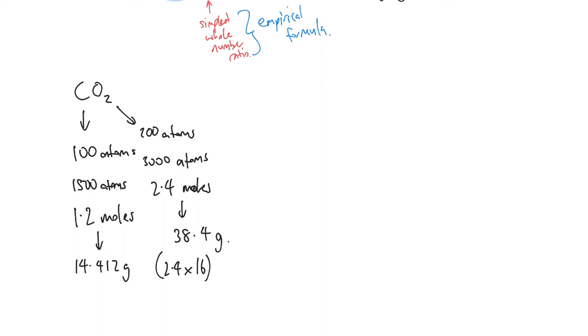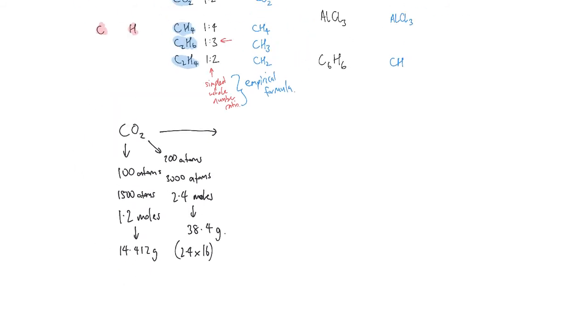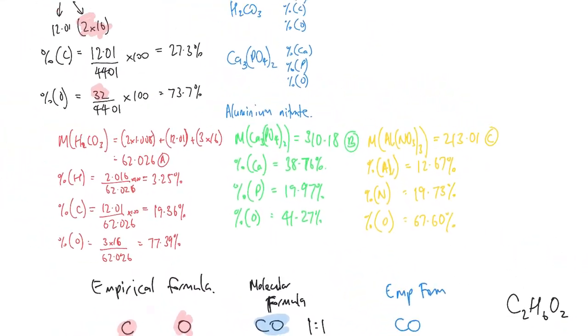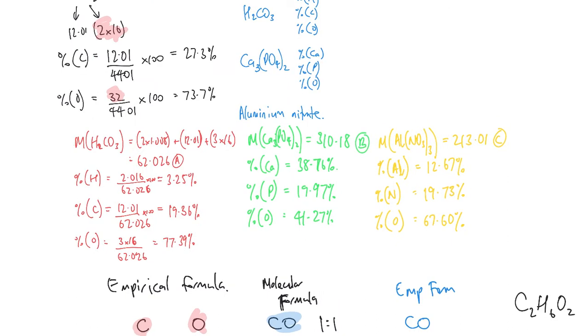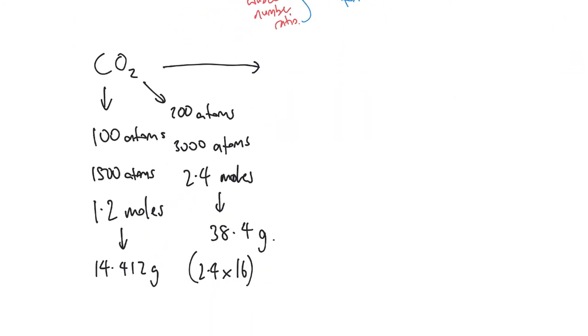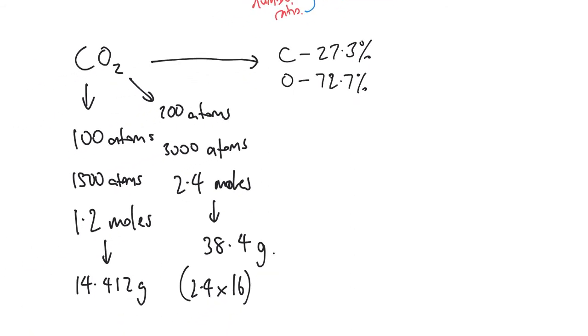If you really think about this as well, this CO2 as a percentage of each other was all the way back up here, 27.3% carbon and 72.7% oxygen. So C was 27.3, O was 72.7. Happy with that idea? Right, that's what we saw before from this carbon dioxide.